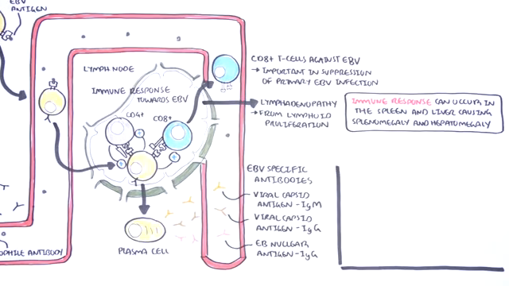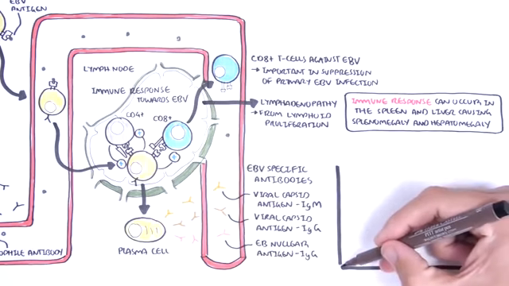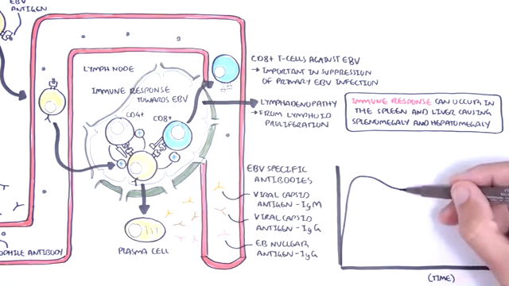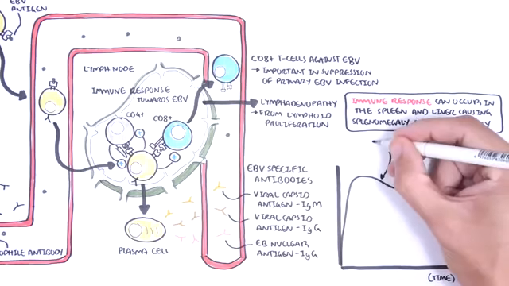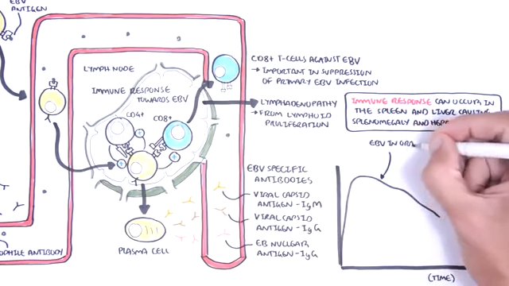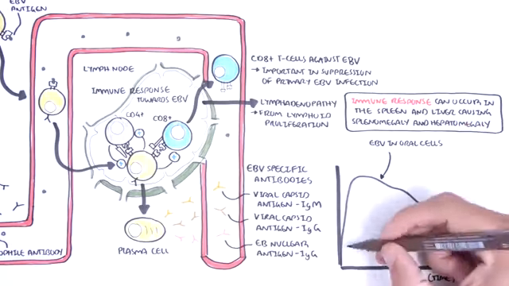It is important to understand the antibody response to Epstein-Barr virus and what they mean. Here is a graph with time on the x-axis and concentration of things on the y-axis. So for example, the Epstein-Barr virus infection begins in the oropharynx with the infection of the tonsils, displayed like so.